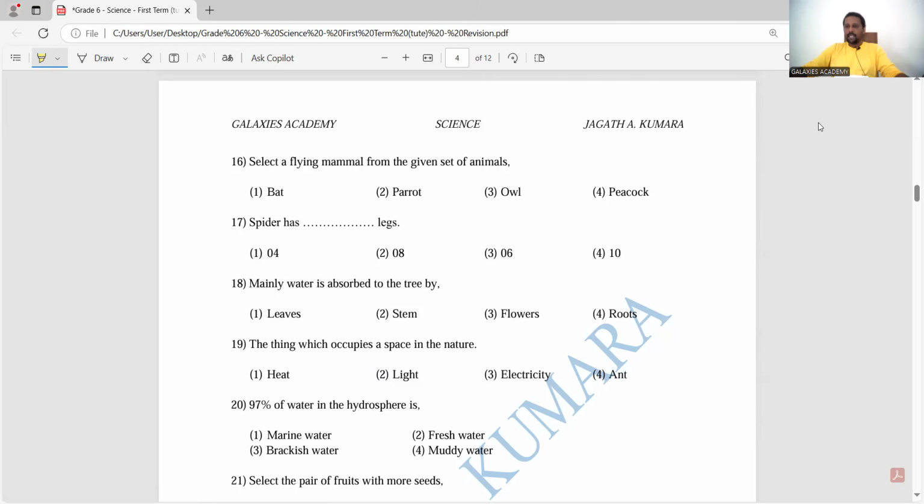Mammals, Sheerapayi. Which animals? Flying mammal: peacock, owl, parrot, bat. So what is the correct answer? Flying mammal, bat. So your answer should be number 1, bat.